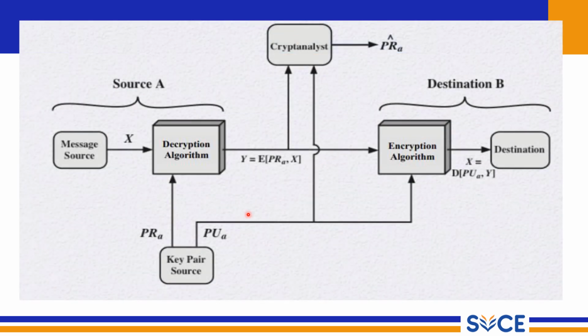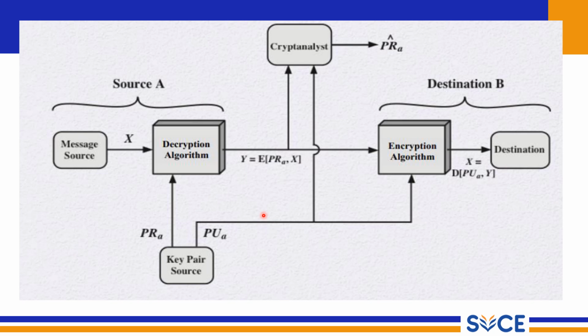So this is the architecture, or the diagram, for the public key cryptosystem. Here, the source A produces a message in plain text, say for example X = X1, X2, up to XM. The elements of X are letters in some finite alphabet.